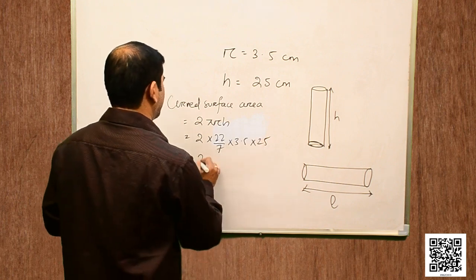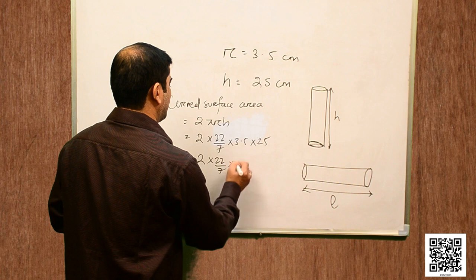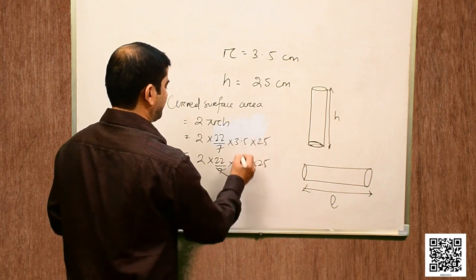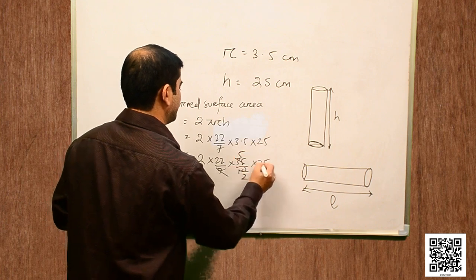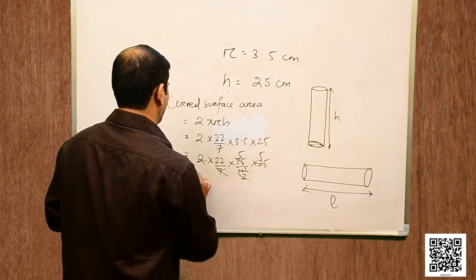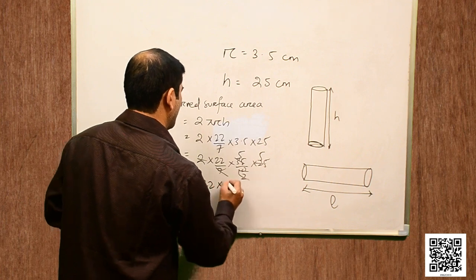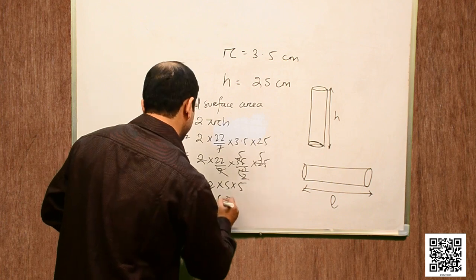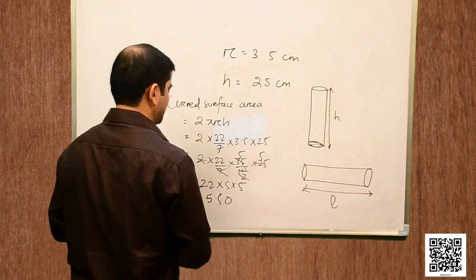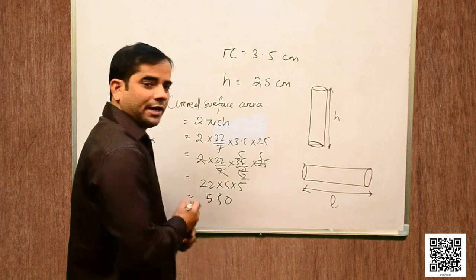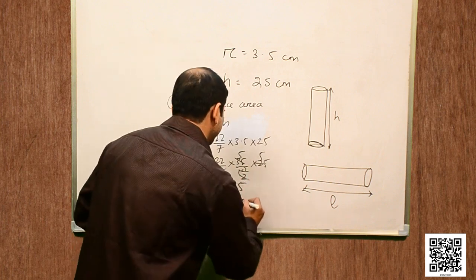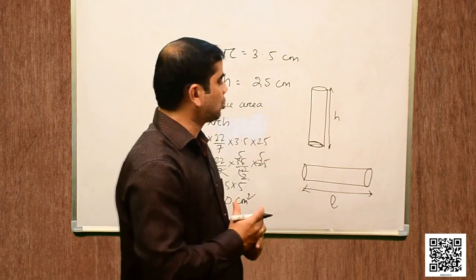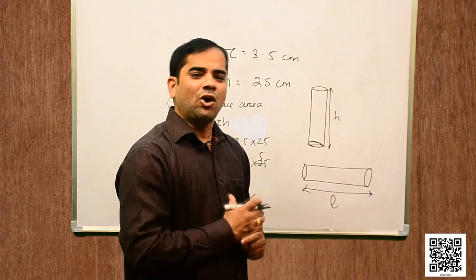So this becomes 2 into 22 by 7 into 35 by 10 into 25. So 22 into 5 into 5, which is 550 centimeter square. So this much of chart paper is required to make this kaleidoscope.